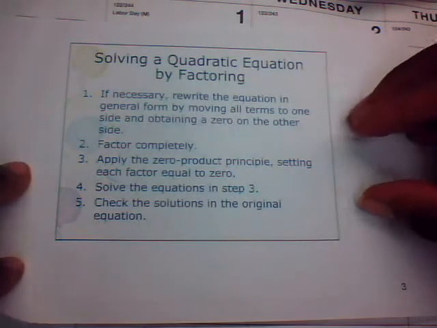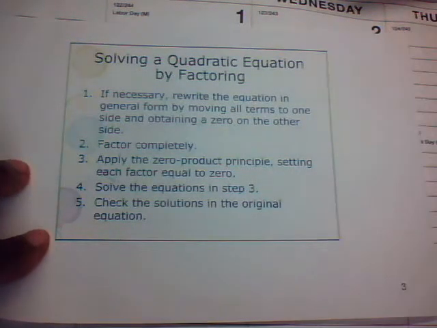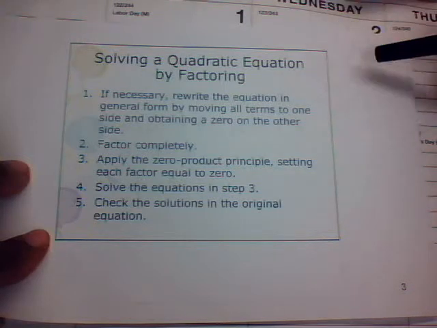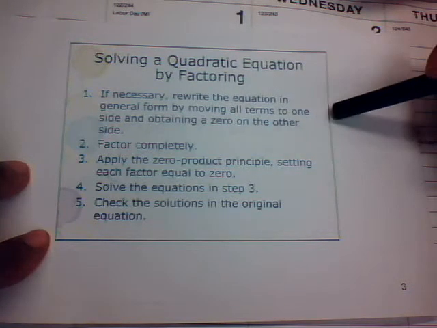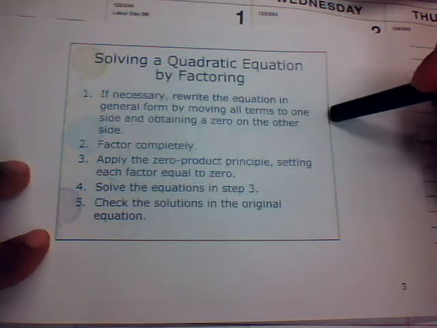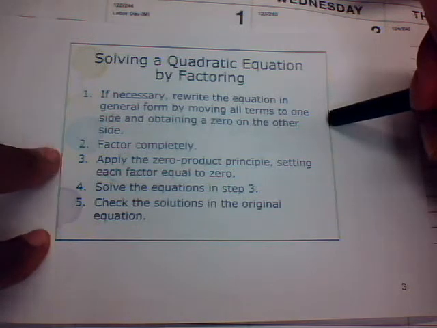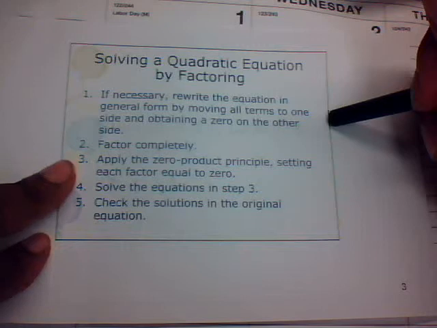And here's the method for solving the quadratic equation by factoring. Number 1, if necessary, rewrite the equation in general form by moving all terms to one side and obtaining a 0 on the other side. Then number 2, you're going to factor completely. And then number 3, apply the zero product principle by setting each factor equal to 0.